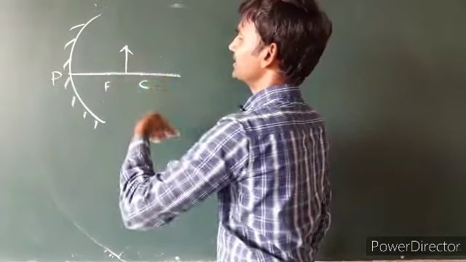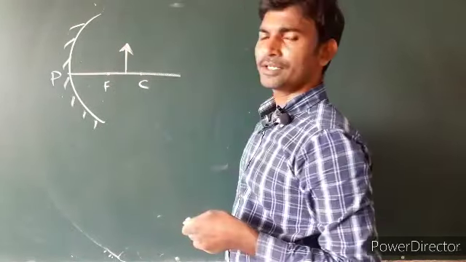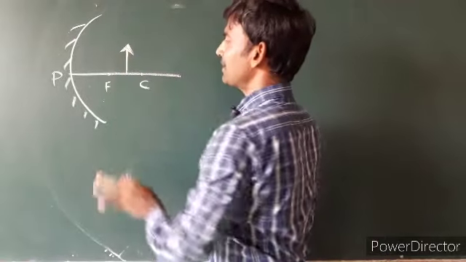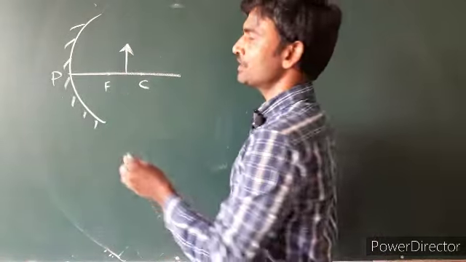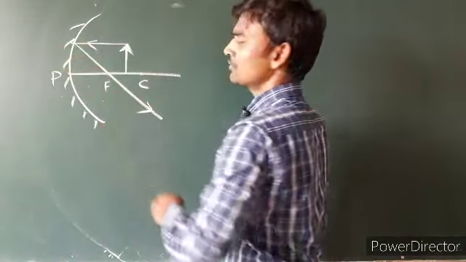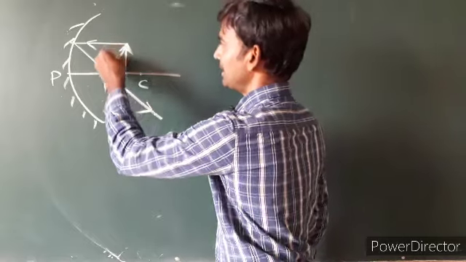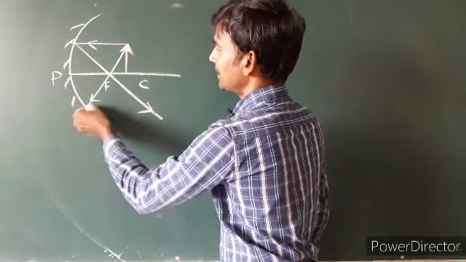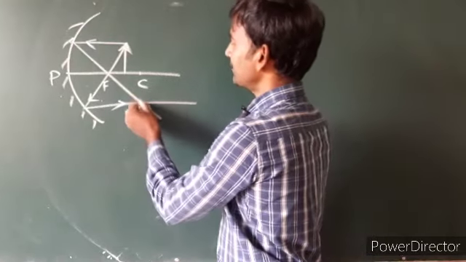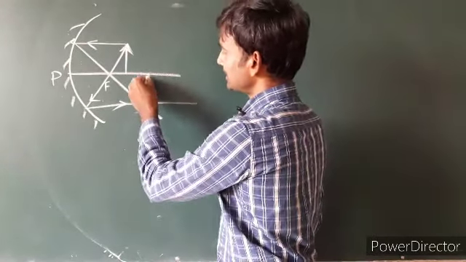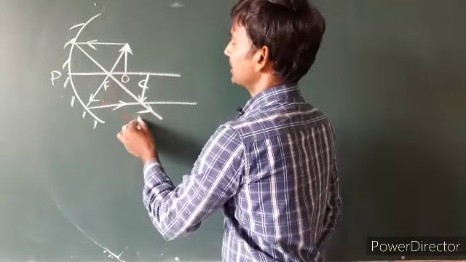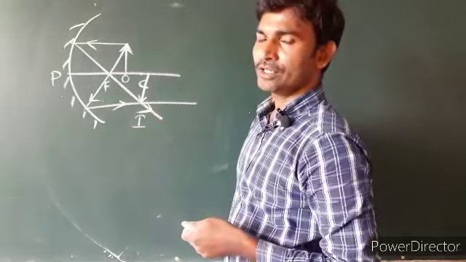Object between F and C. Again we apply the basic ray diagrams. First, a light ray parallel to the principal axis passes through the focus. Second, a light ray passing through the focus goes parallel to the principal axis. Here is the intersection point of the reflected rays, so here we got the image. This is the object place and here is the image.